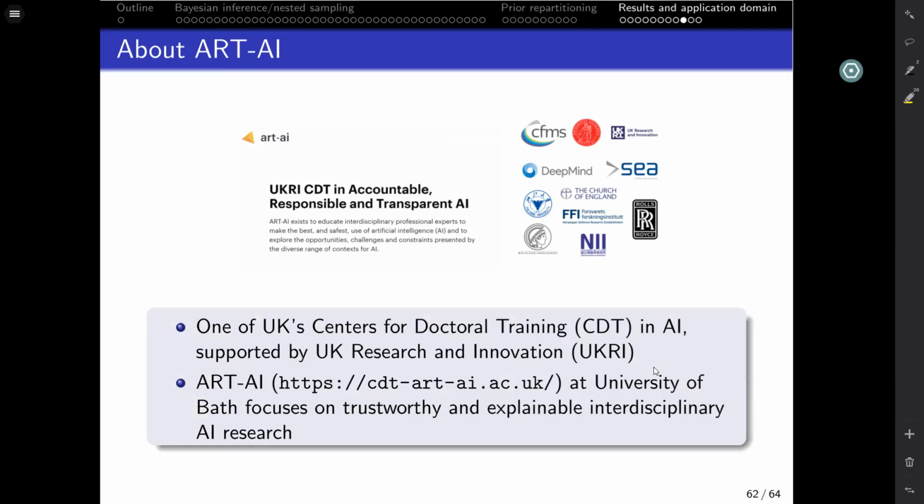It's a center across departments in the university, doing trustworthy and explainable interdisciplinary AI research supported by UK Research and Innovation. We now have collaborations with a number of companies, including Rolls-Royce and DeepMind. So you're very welcome if you have any interesting research you would like to collaborate on with us.